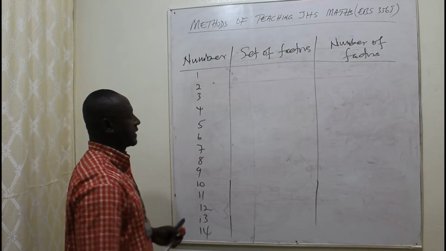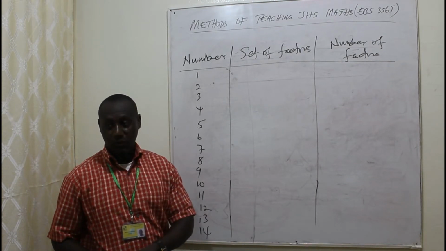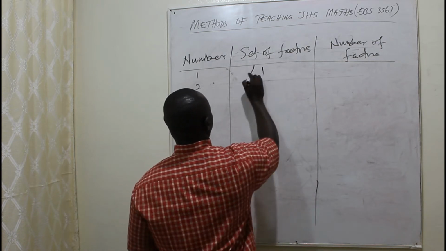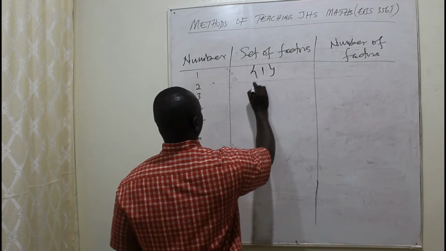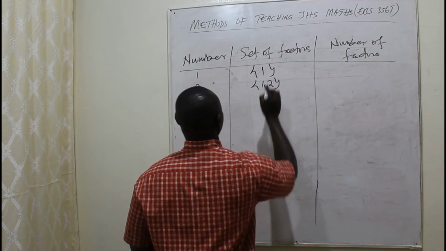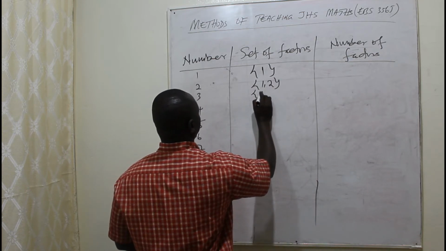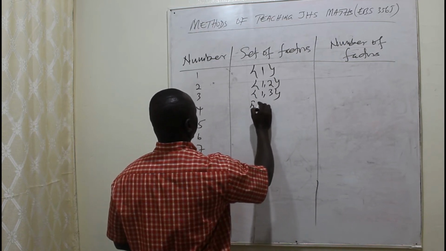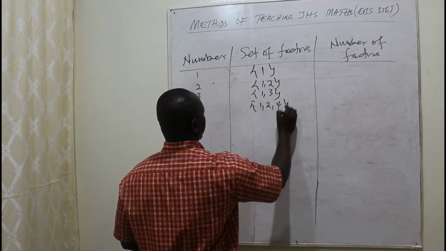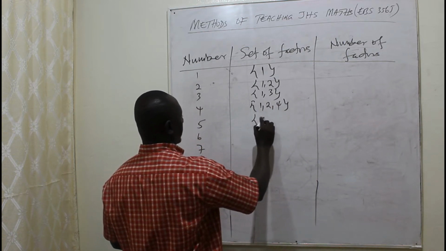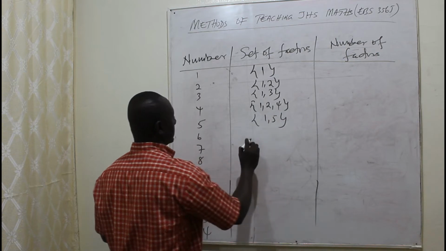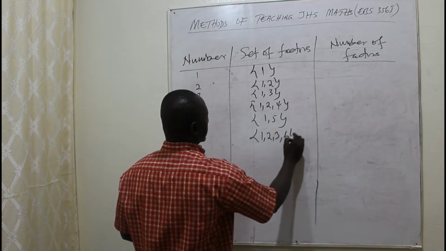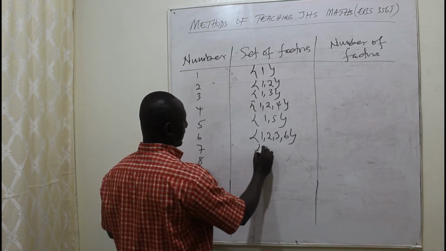Now let's look at the set of factors. Factors of 1 is 1. For 2, we have 1, 2. For 3, we have 1, 3. For 4, we have 1, 2, 4. For 5, we have the factors 1, 5. For 6, we have 1, 2, 3, 6. For 7, I have 1, 7.